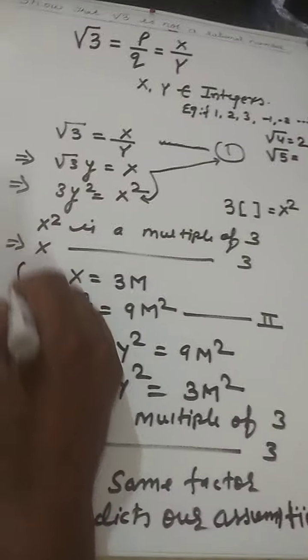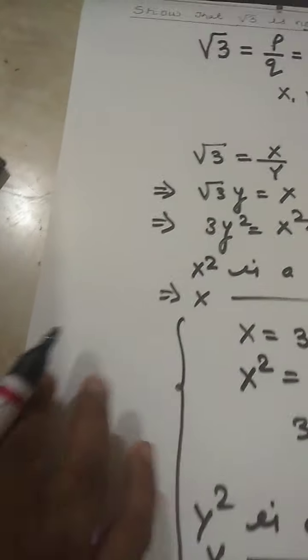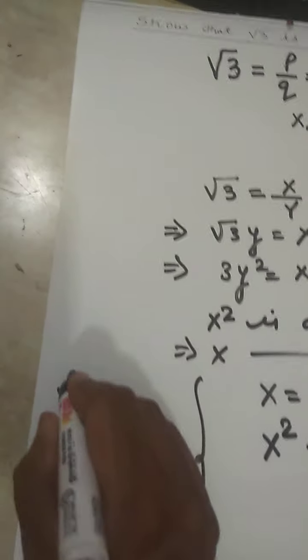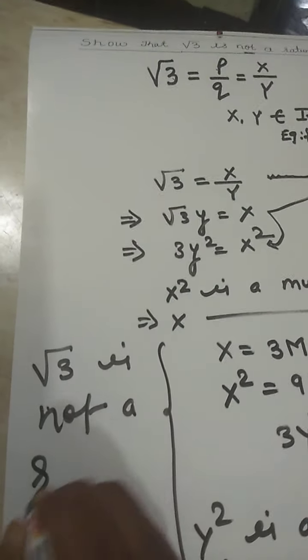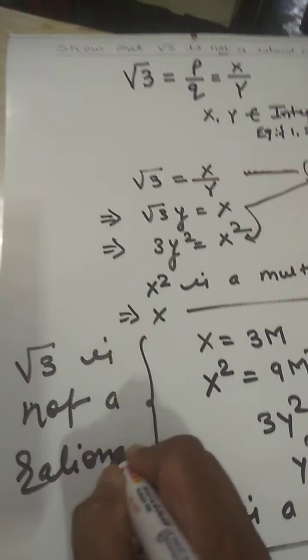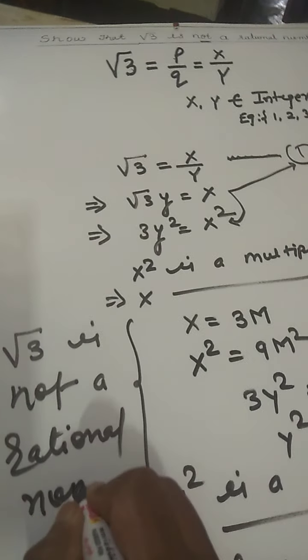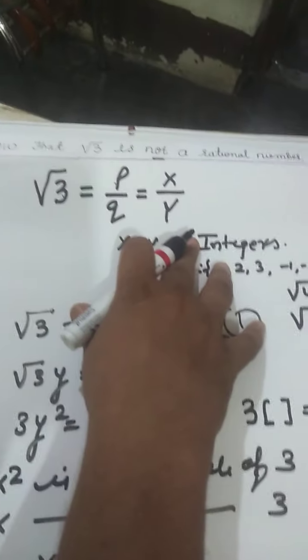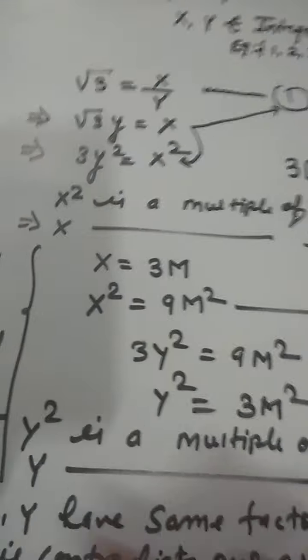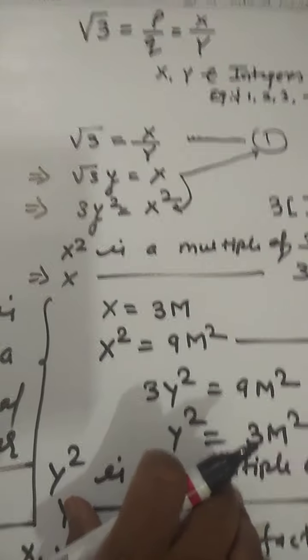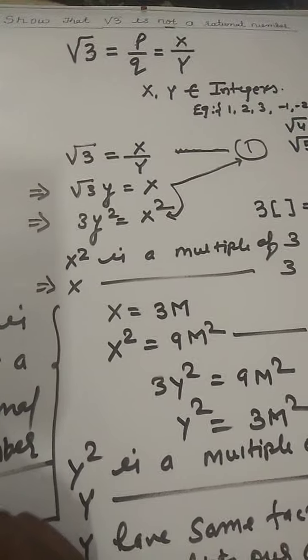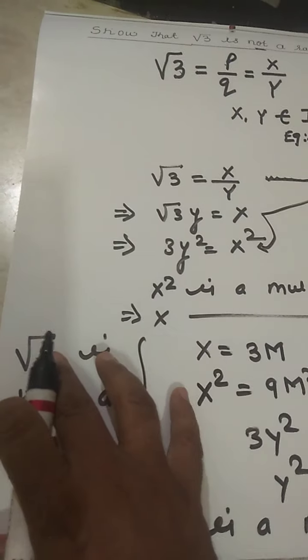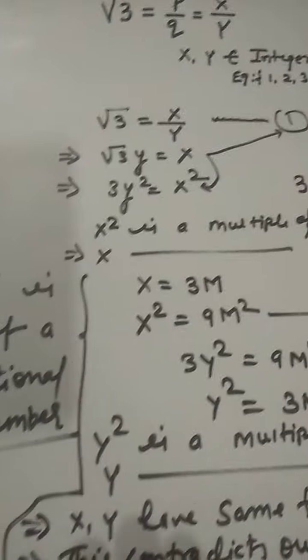So we can say root 3 is not a rational number, because we assumed root 3 is a rational number and that X and Y don't have a common factor, but X and Y have a contradiction. That's why we have this result that root 3 is not a rational number.